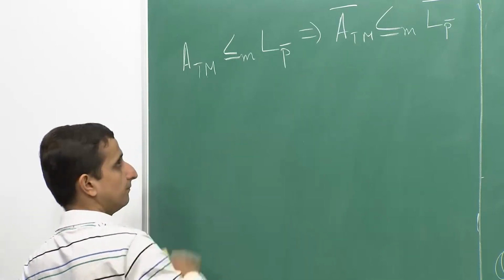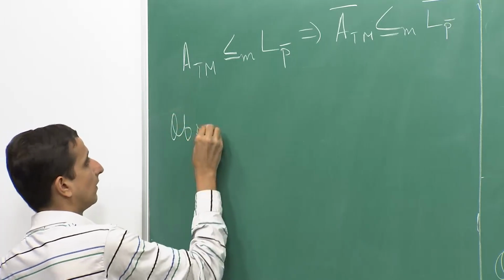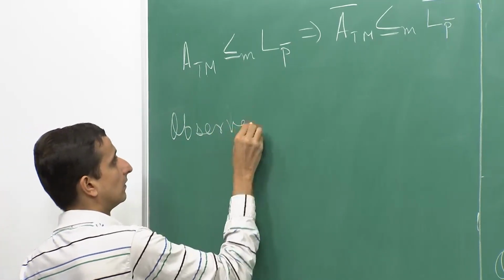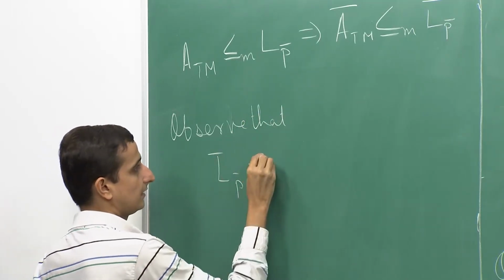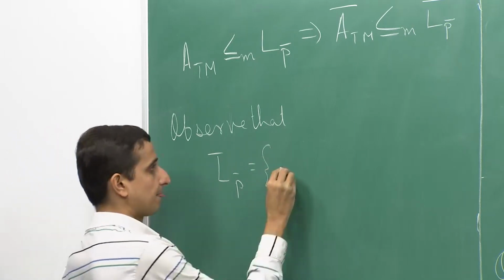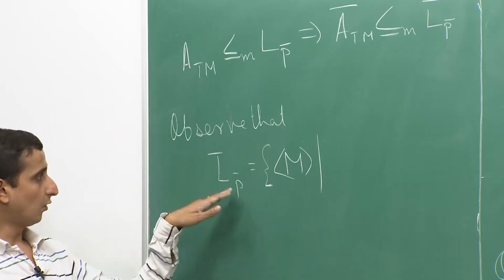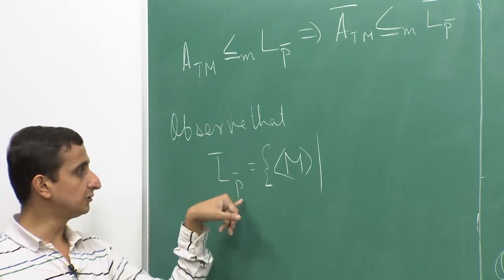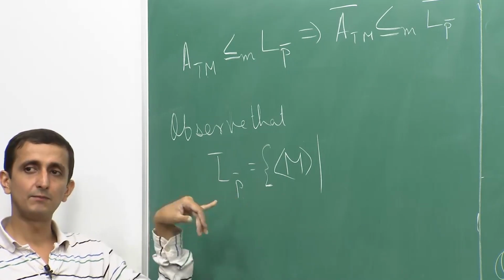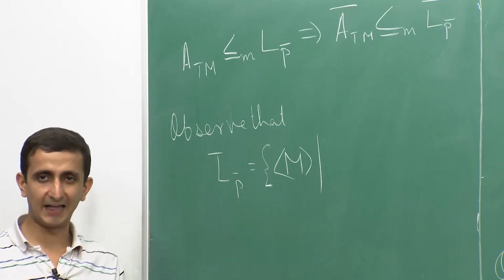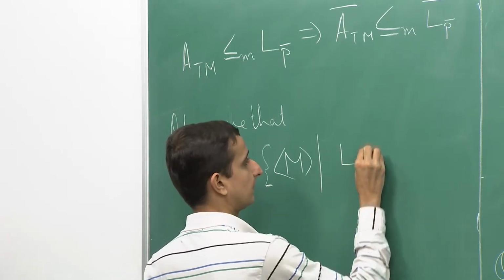Now, what is this language L bar of P bar? Observe how we define it. L of P bar is all those machines M which do not satisfy P. So, L bar of P bar will be the complement of that language.